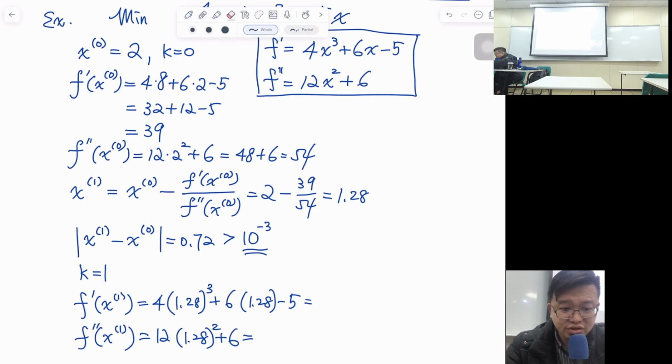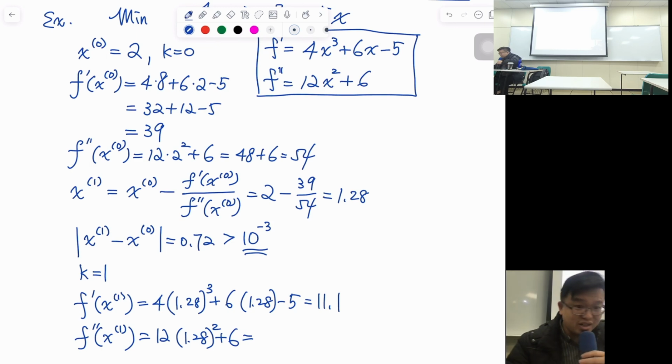1.28 cubed. So this is 11.1, and then 1.28 squared plus 6, 25.7. Okay. Am I doing it right?